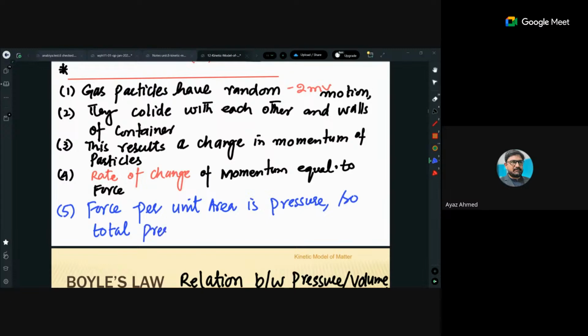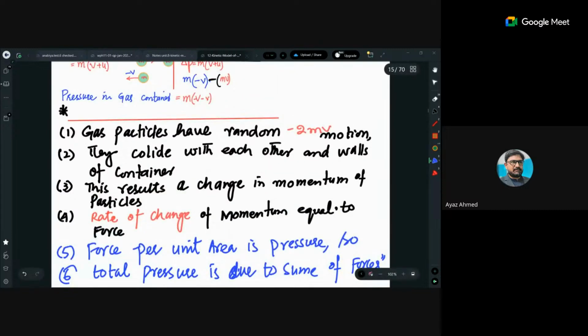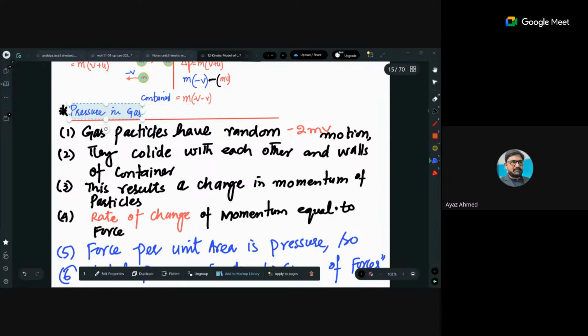This is point number 6. If you remember this detailed concept of the production of pressure in gases, you will never have any confusion, or be penalized by the examiner.